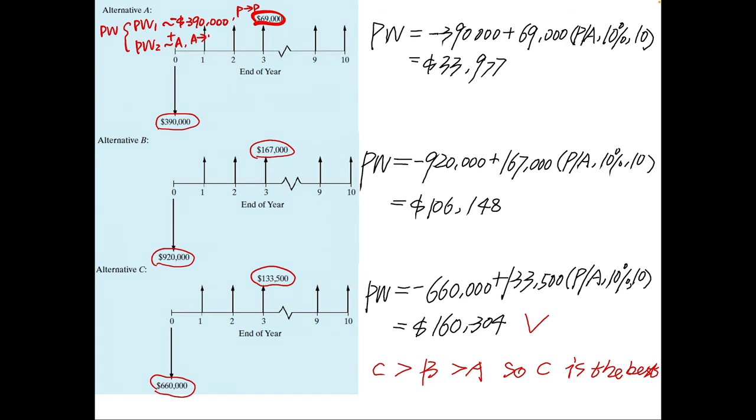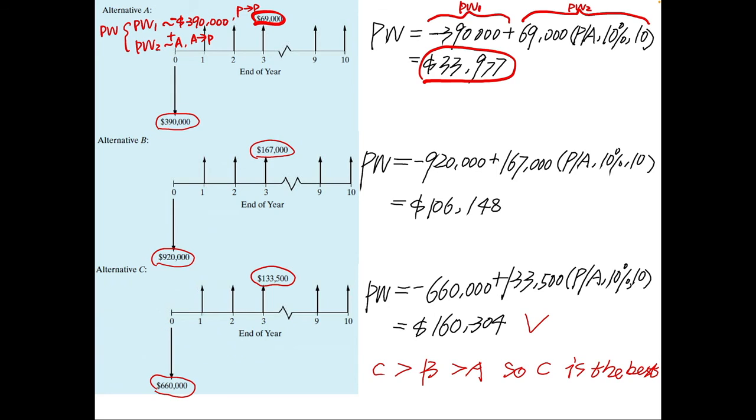So you want to convert the annuity to present worth. So this is our PW1, and this is how we convert the annuities to present worth, PW2. After the calculation, this is your total PW for alternative A.